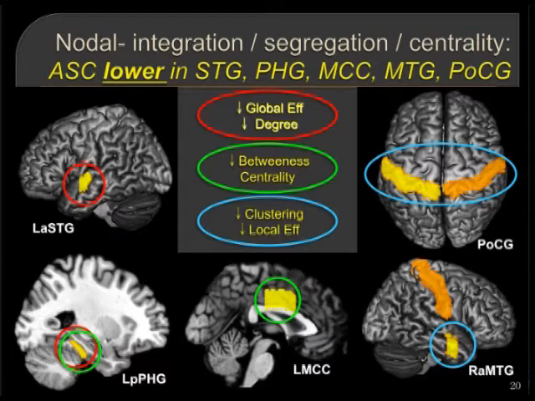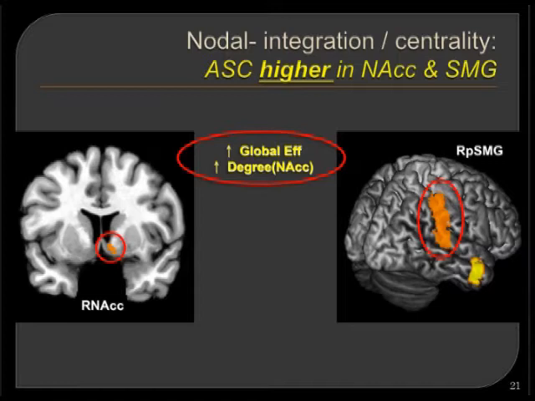For centrality measures, the middle cingulate cortex and again the left posterior parahippocampal gyrus showed decreased centrality in people with autism. For clustering, we found the posterior postcentral gyrus and the right anterior middle temporal gyrus showed lower clustering coefficient in people with autism. And interestingly, in people with autism, there are 2 regions that showed higher degree and global efficiency: the right nucleus accumbens and the right posterior supramarginal gyrus.